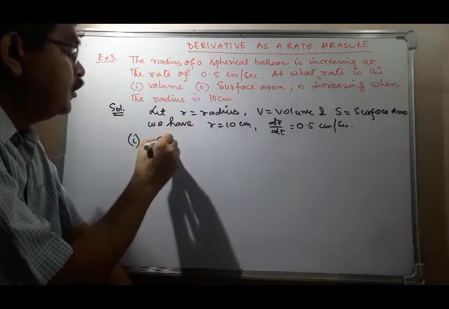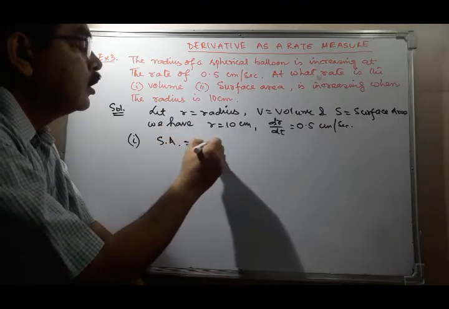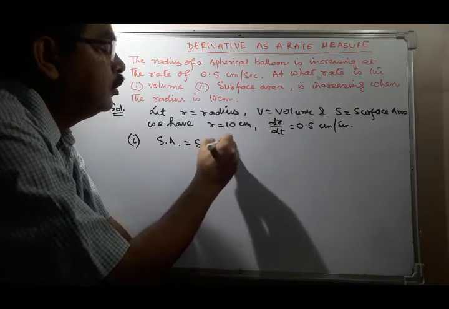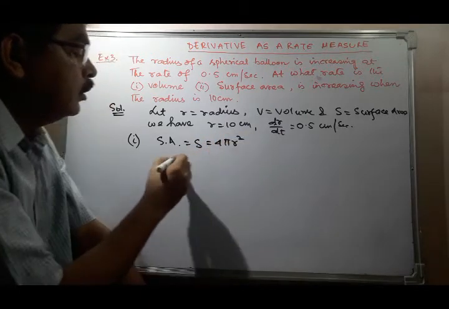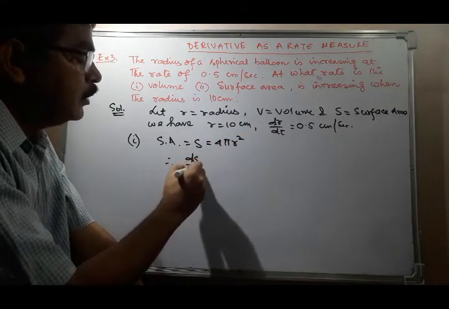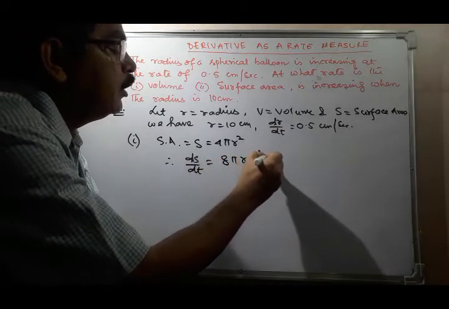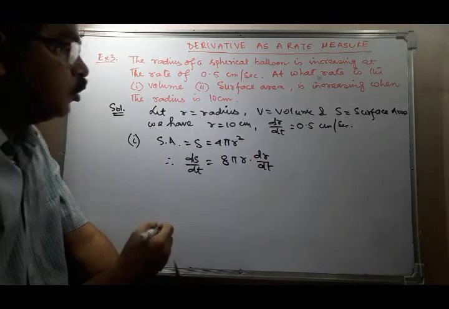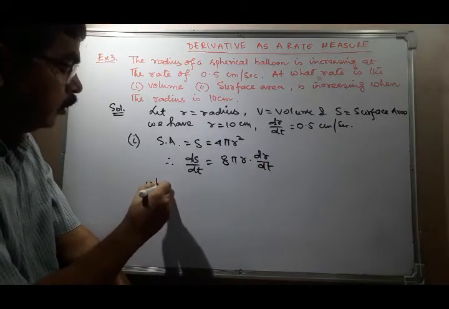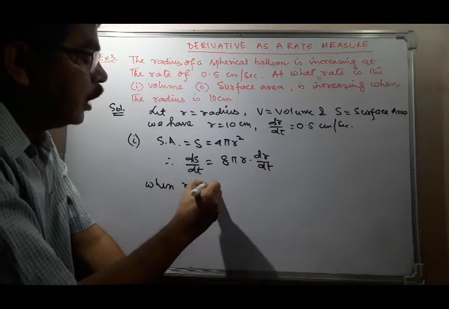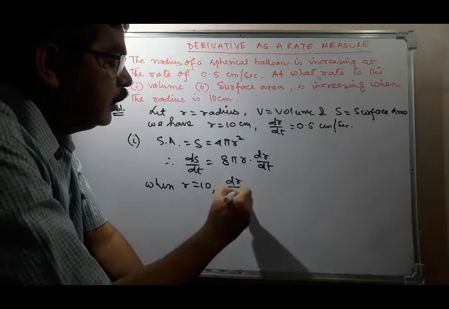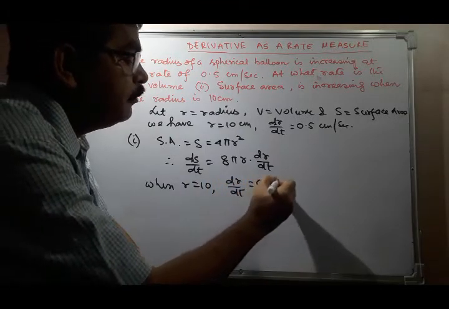Surface area means curved surface area, S equals 4 pi r squared. Therefore ds by dt equals 8 pi r into dr by dt. So replacing the value, when r equals 10, dr by dt equals 0.5.